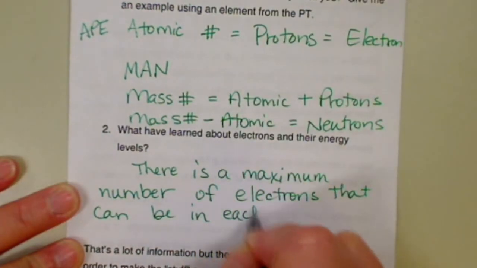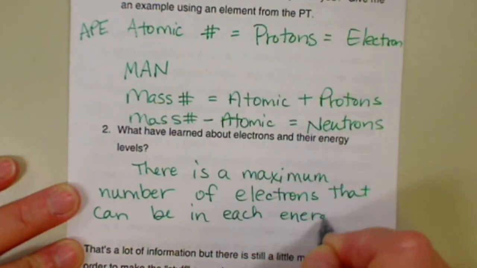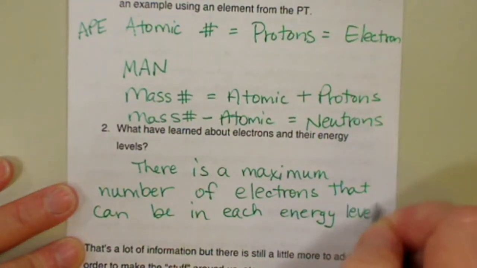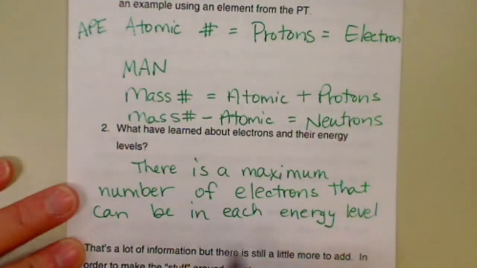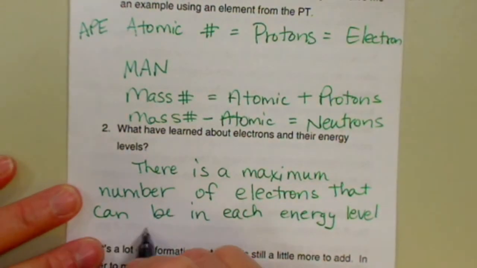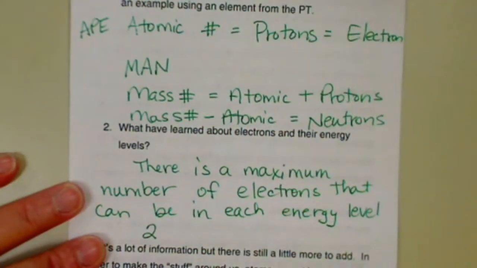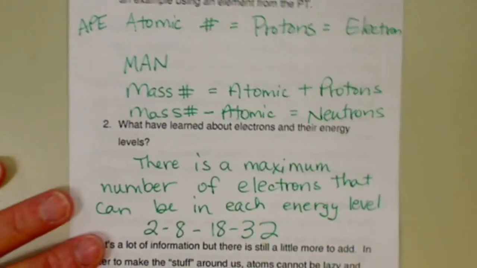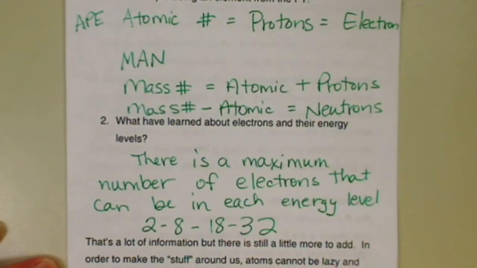For our purposes here in junior high, we're only going to worry about the first 4 levels, and those maximum numbers: you can have 2 electrons in the first level, 8 in the second level, 18, 32. This is a big review for you, or should be.